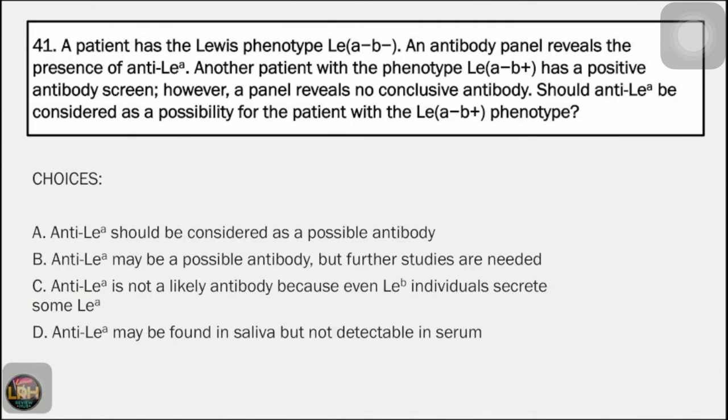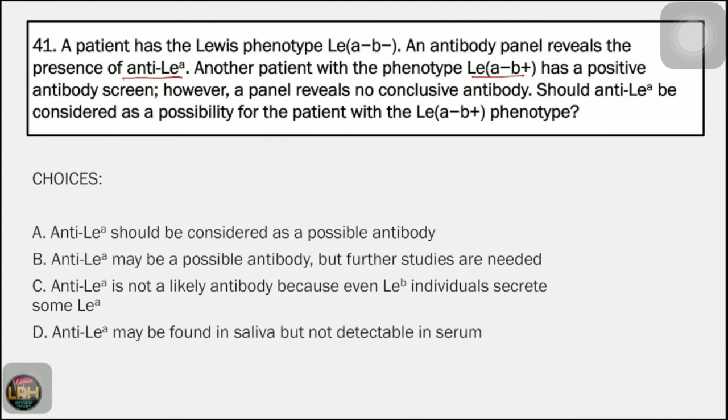Okay, number 41. A patient has the Lewis phenotype Lea negative, Leb negative. An antibody panel reveals the presence of anti-Lea. Another patient with a phenotype of Lea negative, Leb positive has a positive antibody screen. However, a panel reveals no conclusive antibody.